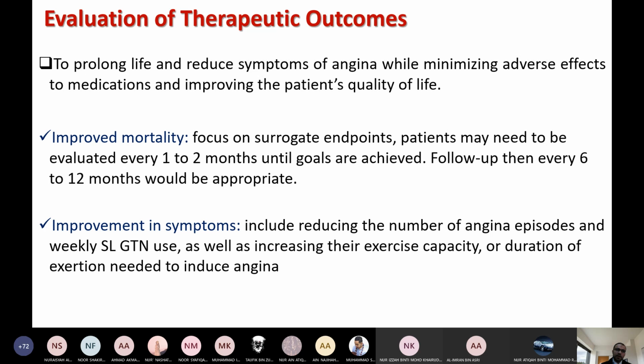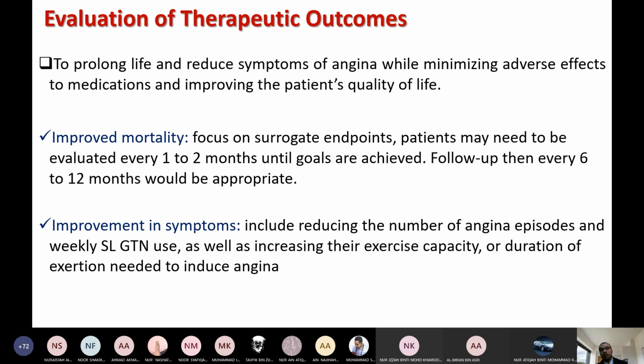In this category, we look at the number and frequency of the angina episodes, how frequently the patient needs to receive sublingual GTN, how well the patient can engage in exercise, the exercise tolerance and capacity, and the duration of the exercise the patient used to do, whether it is improving, maintained, or deteriorating.